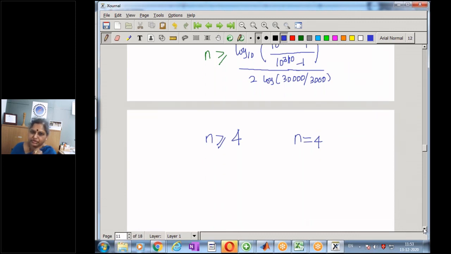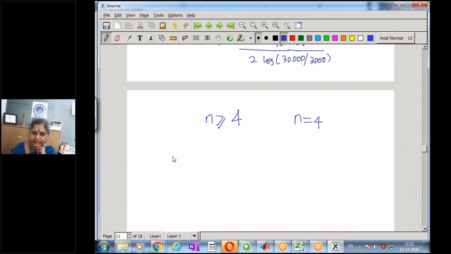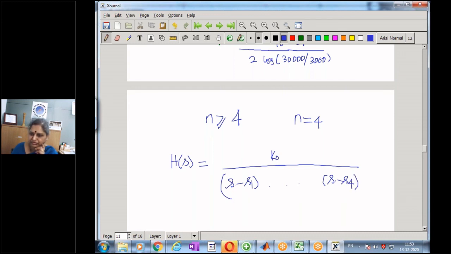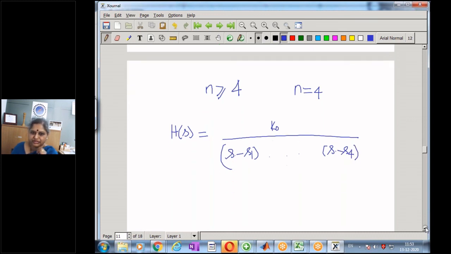So once again, if you want to compute the transfer function of the fourth order filter, let's get the transfer function H of s. This is going to be s minus s1 up to s minus s4, my 4 poles. So let's try to get the location of the poles and then the transfer function.